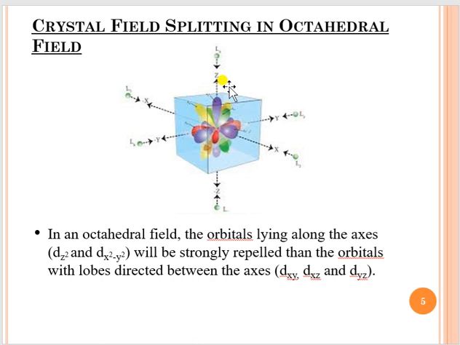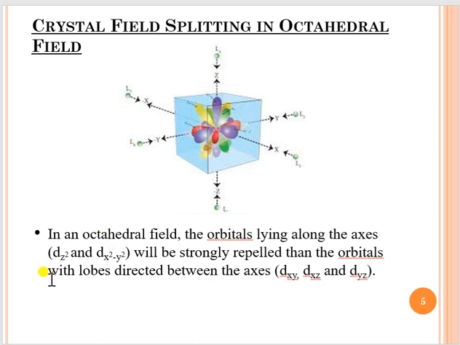This occurred because the orbitals lying along the x, y and z axis were facing more repulsion compared to the orbitals lying in between the axis.